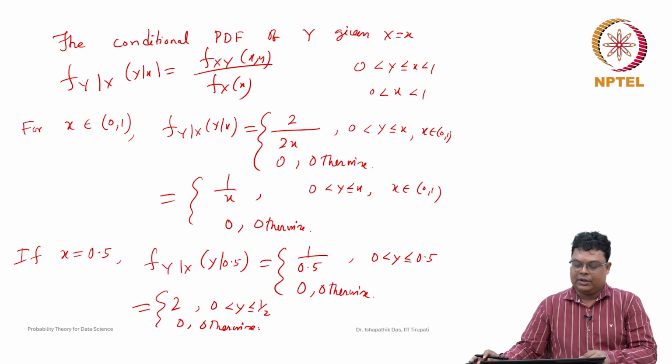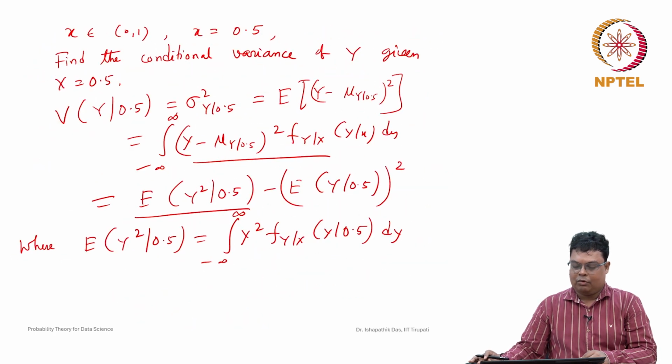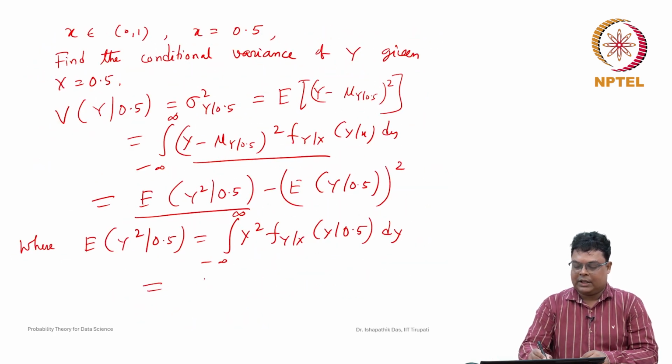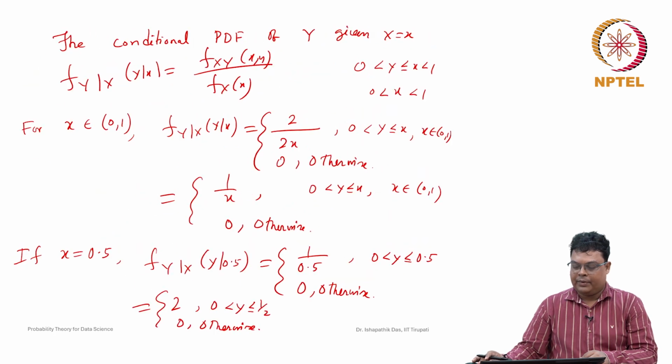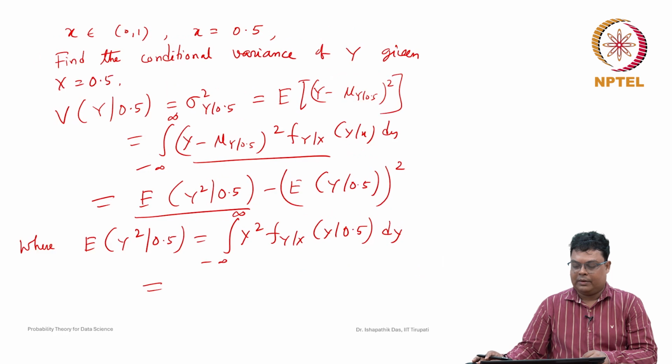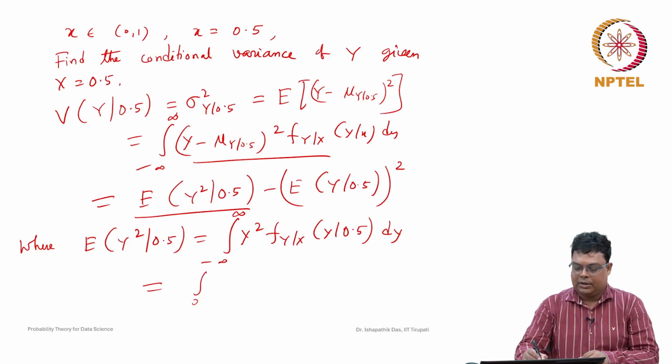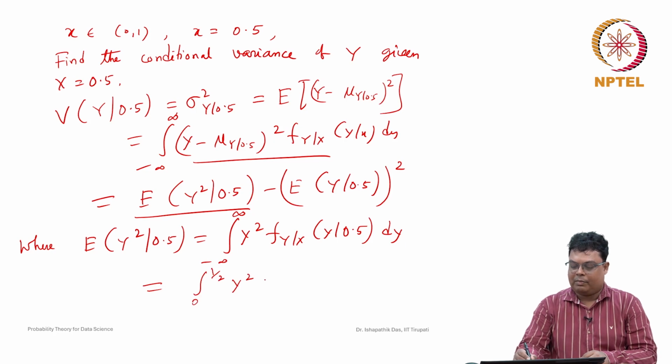Now we will use this density function to compute these things. This density is non-zero whenever y is between 0 and half, so we write the integral from 0 to half of y square times the density, which in this region becomes 2, dy.